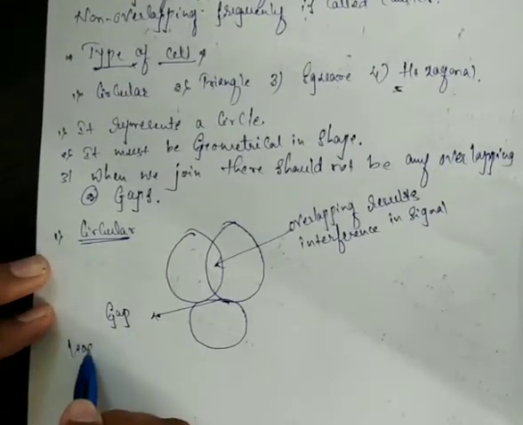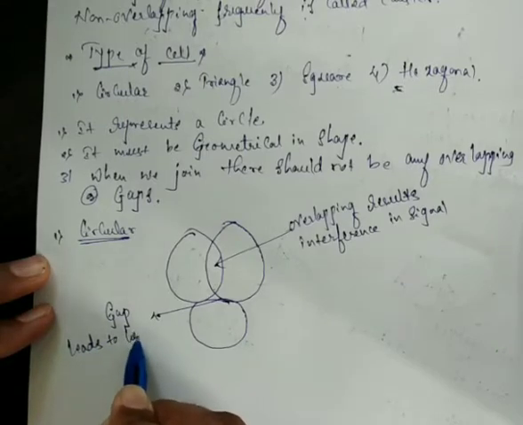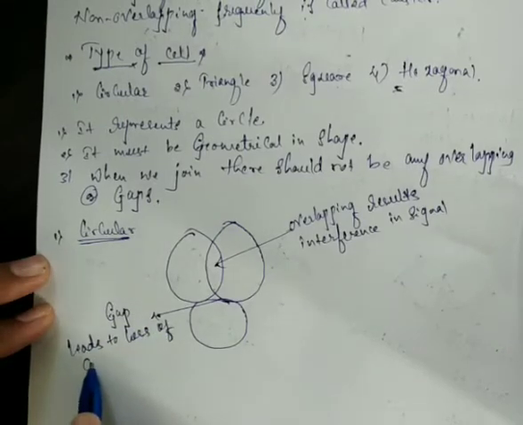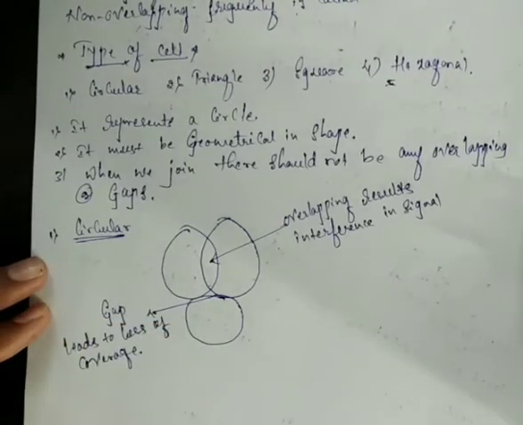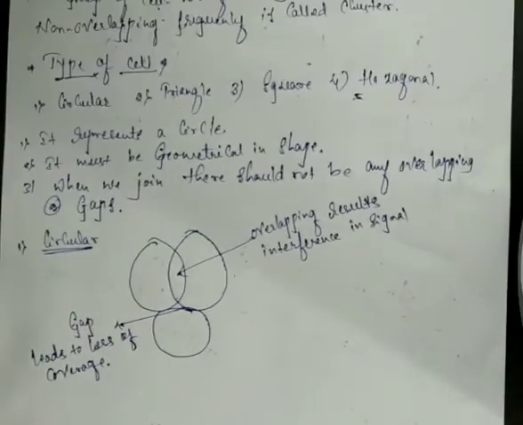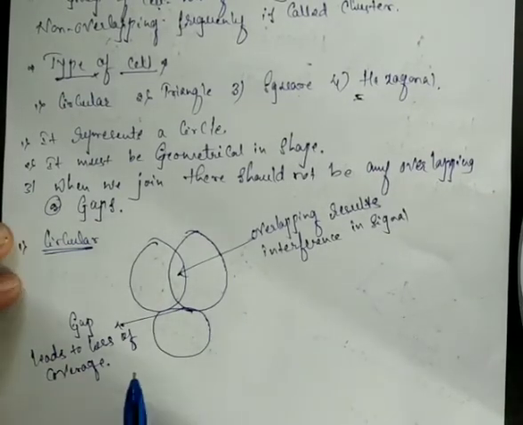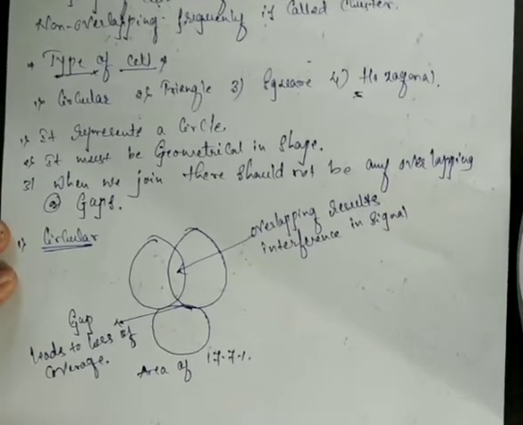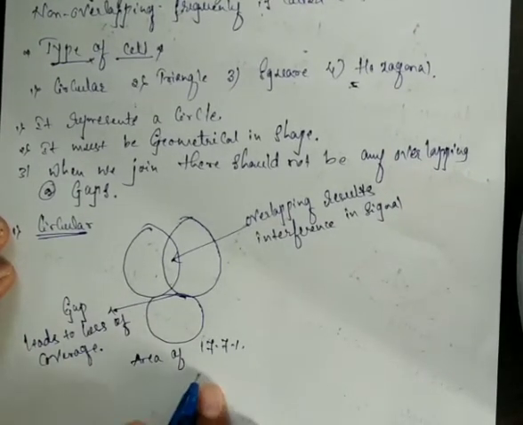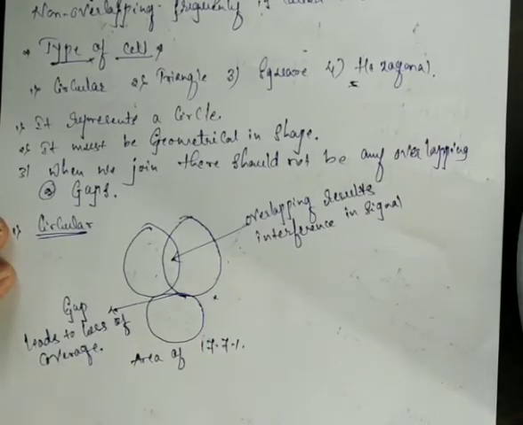Gap leads to loss of coverage. This is the circular one, and it will cover an area of 17.7%. So they have neglected this.